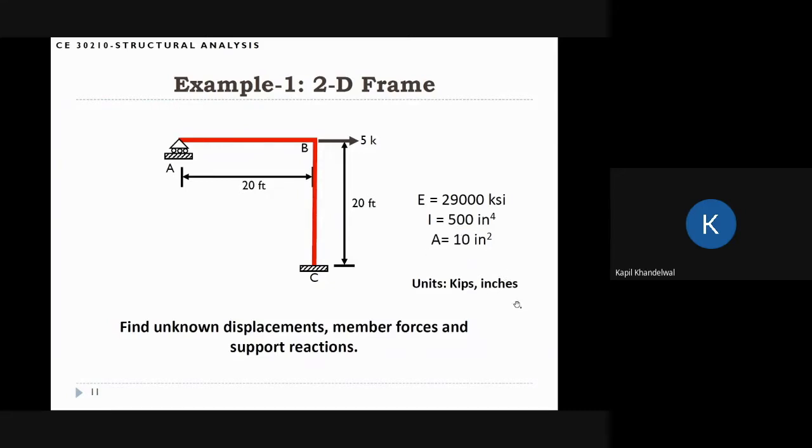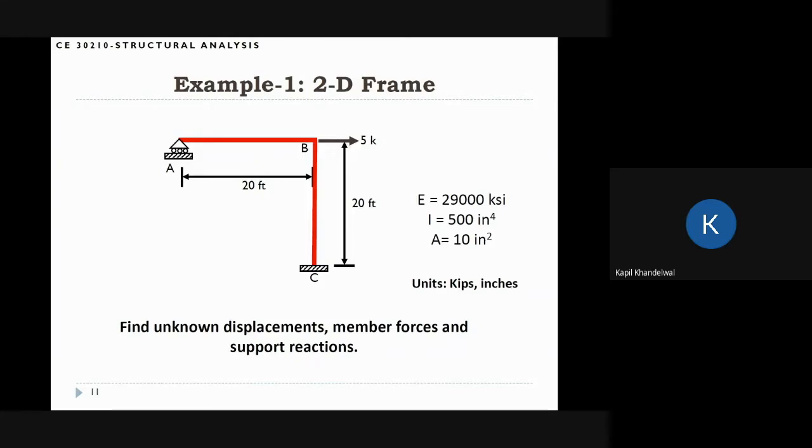The units we are going to use for this problem are kips and inches. You can see that some of the information is given to you in feet, so we have to convert the units carefully. Whenever you are solving these problems, make sure that you are using a consistent unit system. In this problem, we want to find the unknown displacements, member forces, and the support reactions. We typically want to find all the information that we can find.